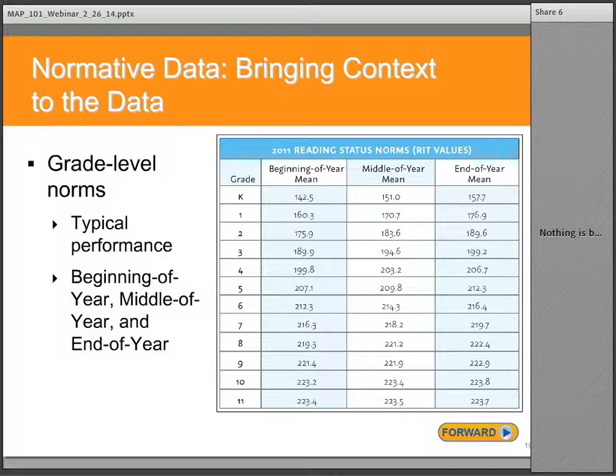You have to make sure you're looking at the correct status norm scale in order to identify where the students are. Because the lowest possible score to the highest possible score for each is very individual.